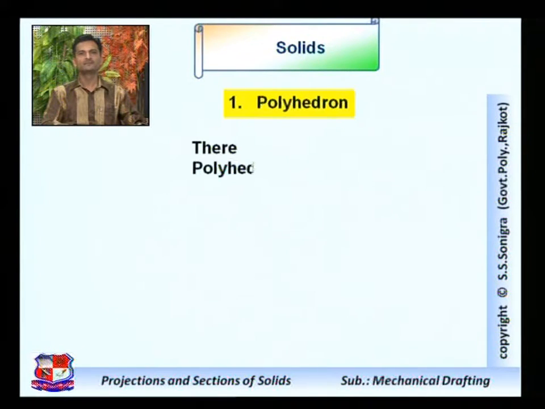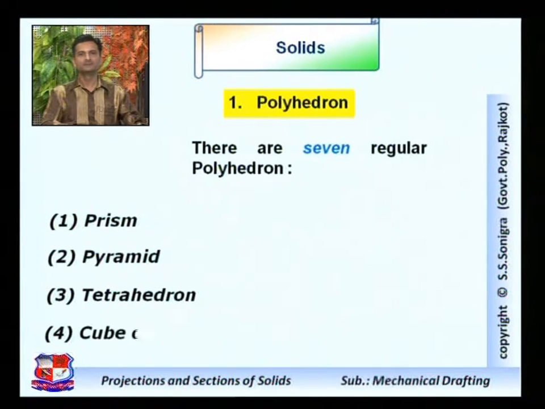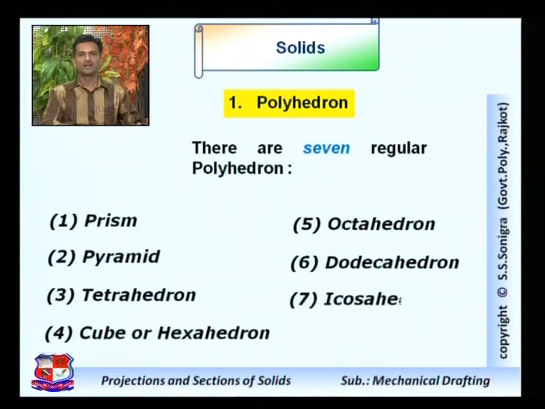In polyhedron, there are 7 types: the first is prism, second is pyramid, then tetrahedron, cube or hexahedron, octahedron, dodecahedron, and icosahedron. These are the solids which come under the category of polyhedron.